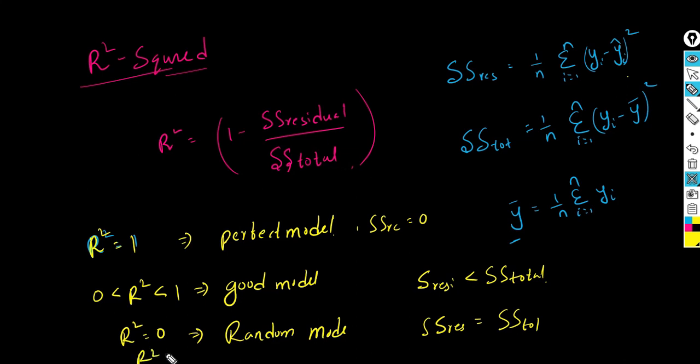If R square is less than 0, when will it happen? When SS residual is greater than SS total. That means the error that we are getting is greater than that from the normal mean model. In this scenario we can tell this model is the worst model.